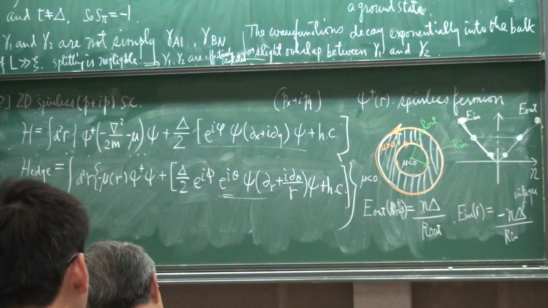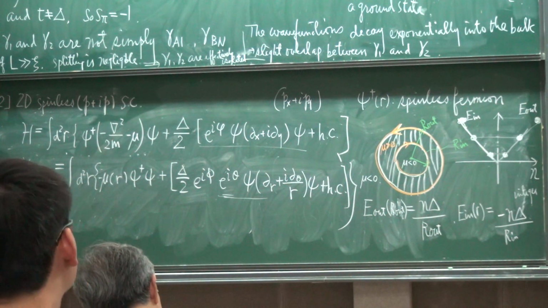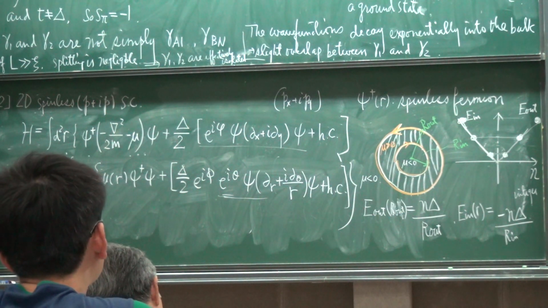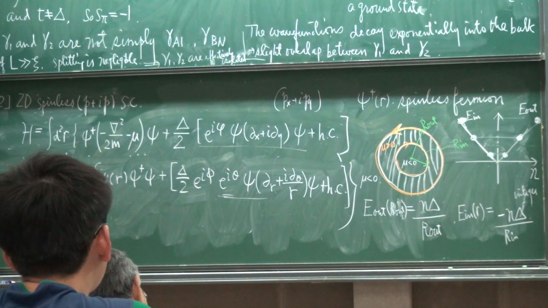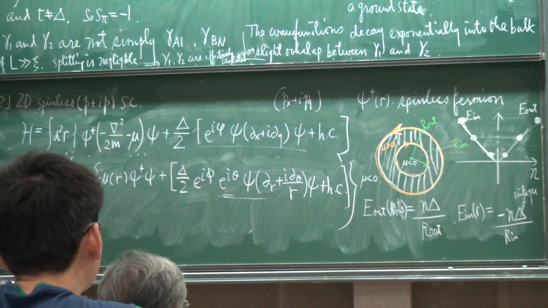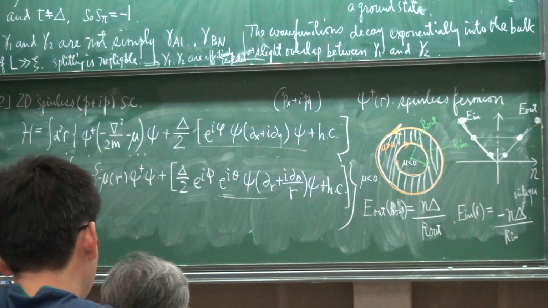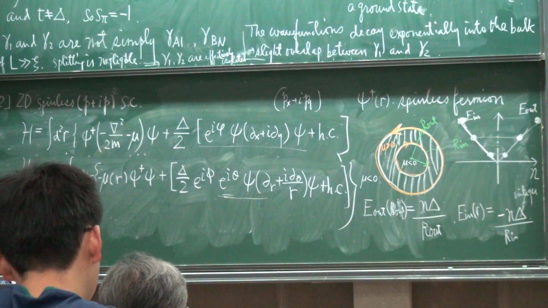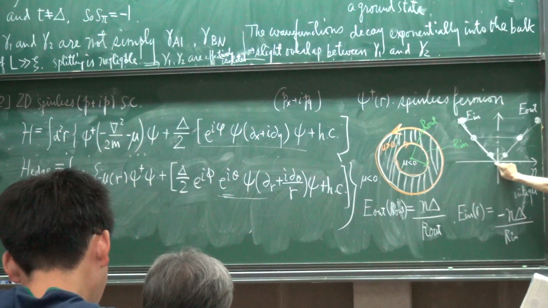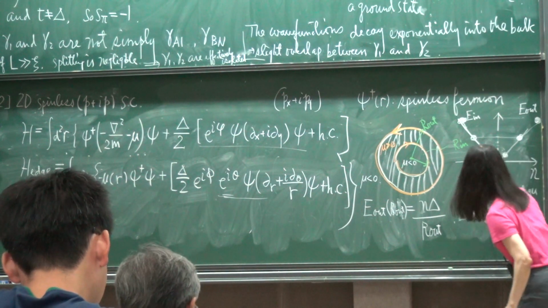And so if you write your wave function, there are no separate Majorana modes at any special point until I do something. So these are finite energy. So this is zero energy.